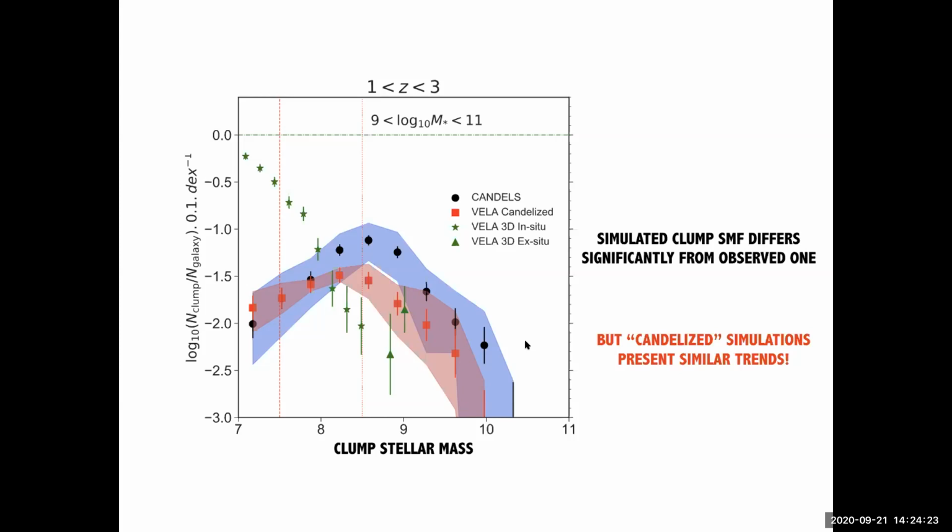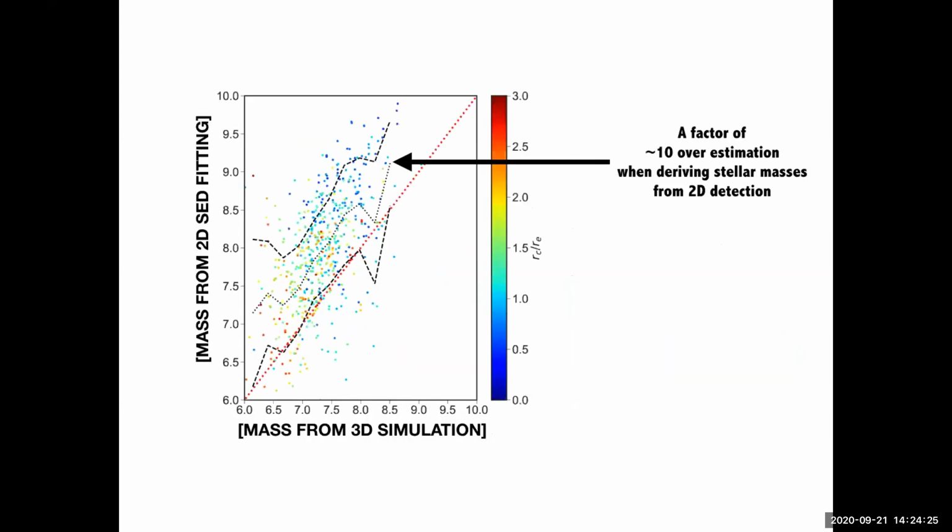Anyway, to answer the first question, what is causing this? Since in the simulation you have all the information, you know the true stellar mass of the clump from the 3D metadata of the simulation. So you can go clump by clump and compare the stellar mass I got in 3D to the stellar mass you get from 2D SED fitting.